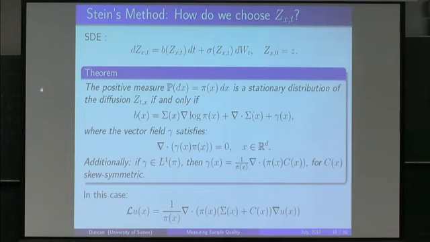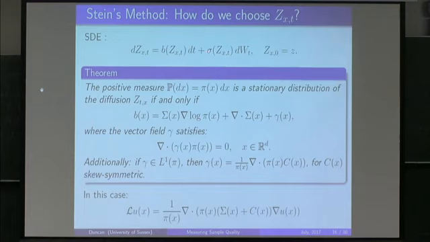It was a recent paper in the machine learning community. Basically, it says that if I have this SDE with drift coefficient B and diffusion coefficient sigma, then pi is a stationary distribution of Z_t^x if and only if I can write the drift in this form, where sigma is basically the square of this.